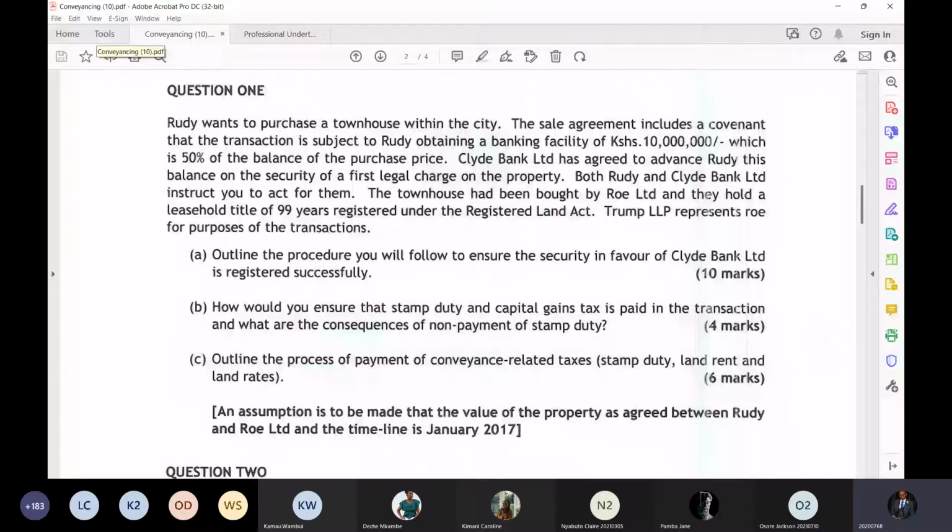Yes, I do get the question, and it's actually true to some extent. Now there's an issue of it being under the Registered Land Act.